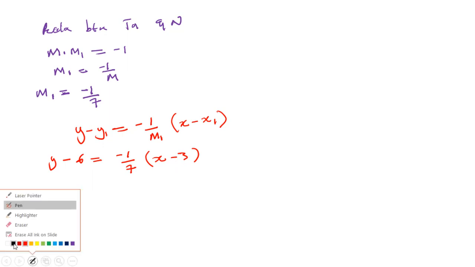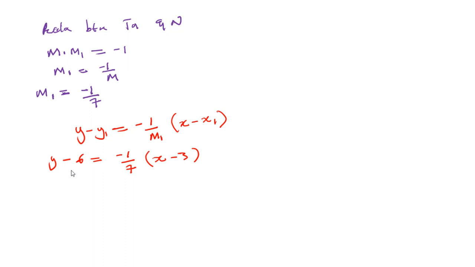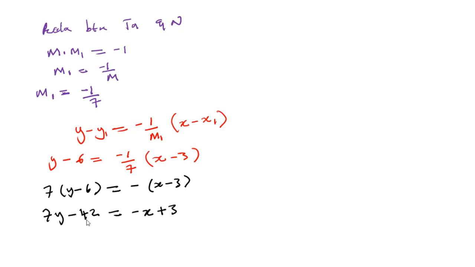Okay, so with that in mind we can simply cross multiply there. So this will be 7 open bracket y minus 6 close bracket is equal to negative open bracket x minus 3 close bracket, like that. So this will give you 7y minus 7 times 6, which is just 42, is equal to negative x plus 3.